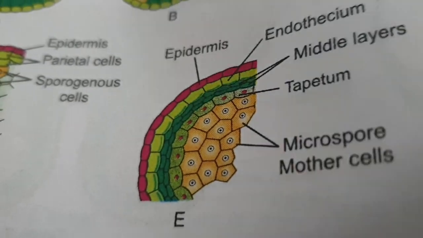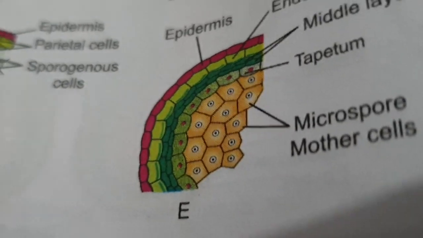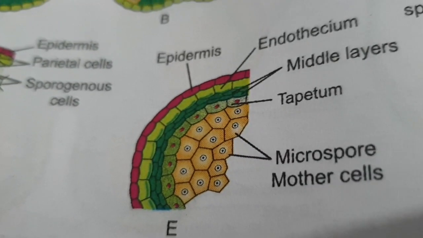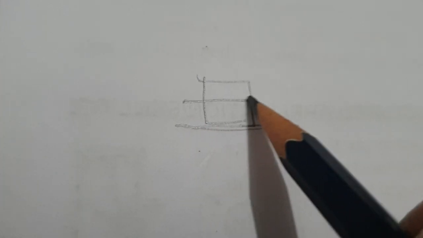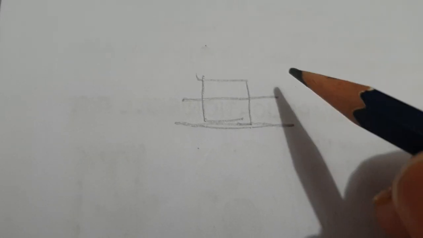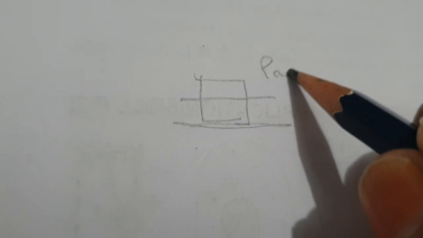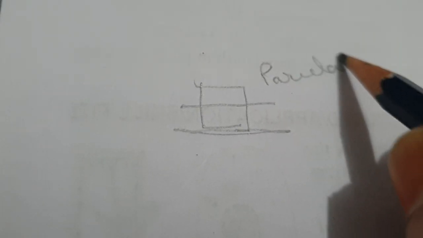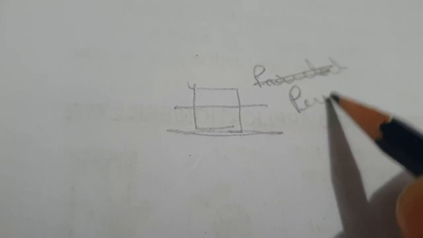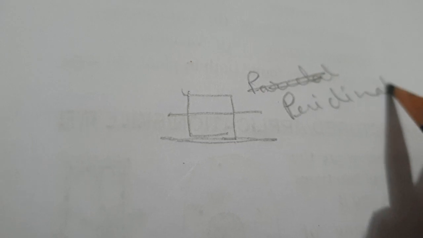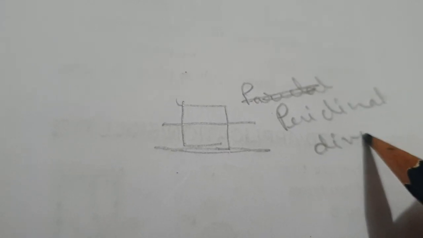Now, what is anticlinal and what is periclinal division? When a division takes place, suppose this is a particular cell. This is the base of the cell. If the division takes place parallel to the base of the cell, then this type of division is known as periclinal division.